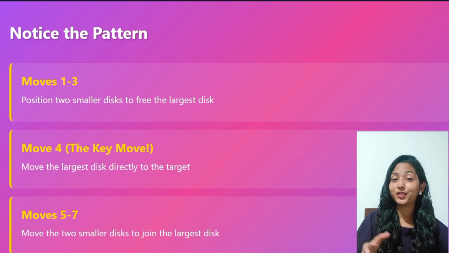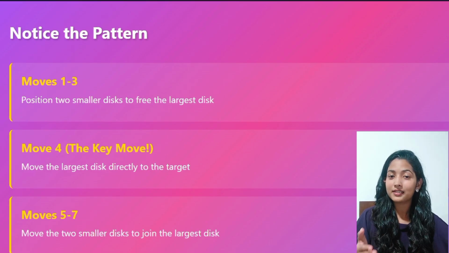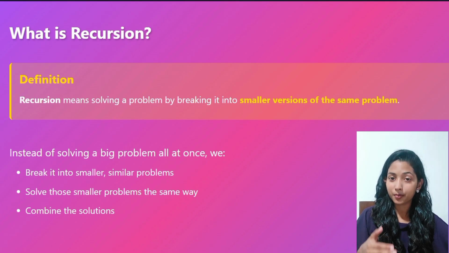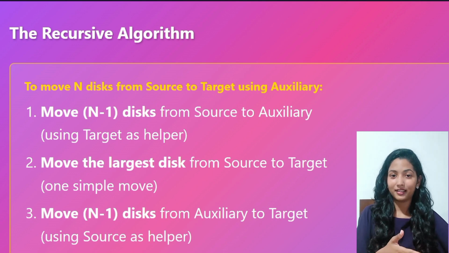So I am going to tell you the recursive approach of this puzzle. First, let's understand what recursion is. Recursion means solving a problem by breaking it into smaller versions of the same problem instead of solving a big problem all at once. Let's look at the recursive algorithm to move any number of disks from source to target.